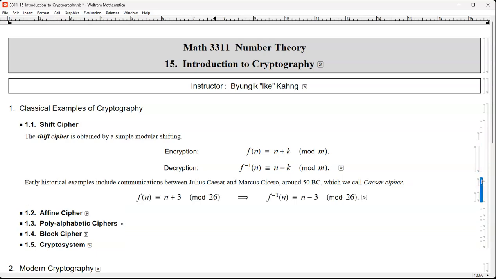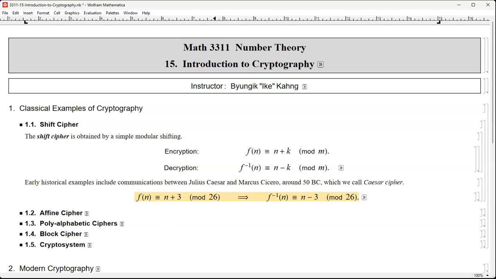And early historical examples include communications between Julius Caesar and Marcus Cicero around 50 BC. Our textbook author calls it Caesar cipher, and I checked other textbooks too, and they all call it Caesar cipher, so I think it's a widely accepted name.